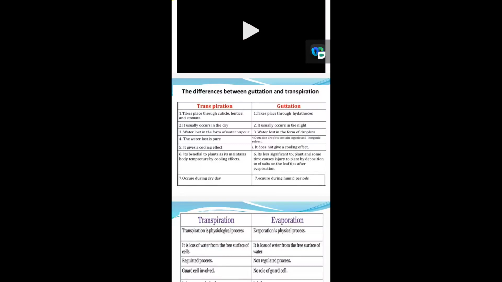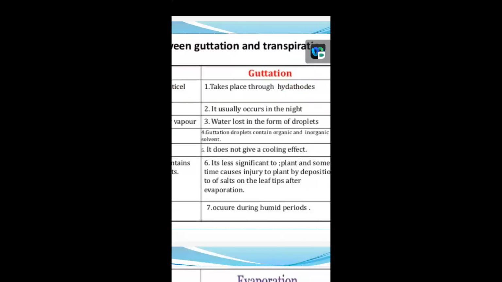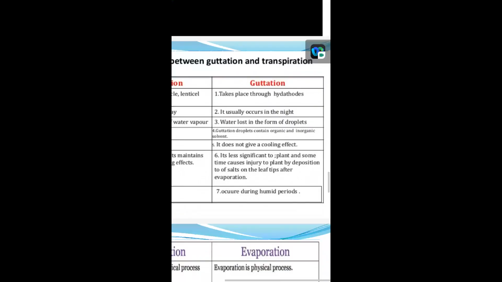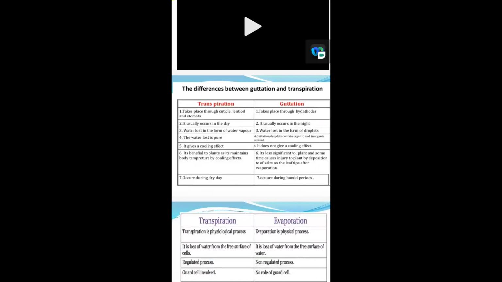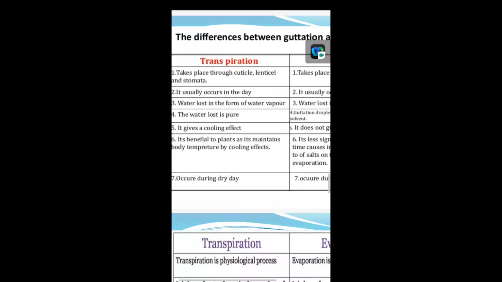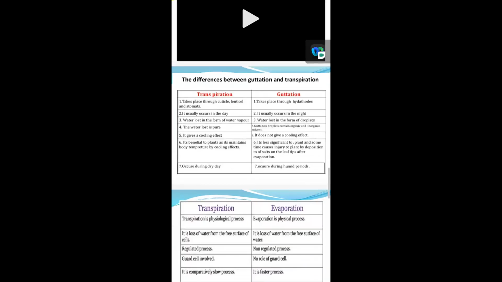In transpiration, water is lost in the form of water vapors; in guttation, in the form of droplets. In transpiration, the water lost is pure, whereas in guttation, the droplet contains organic and inorganic solutes. Transpiration gives a cooling effect; guttation does not. These are a few differences between transpiration and guttation.